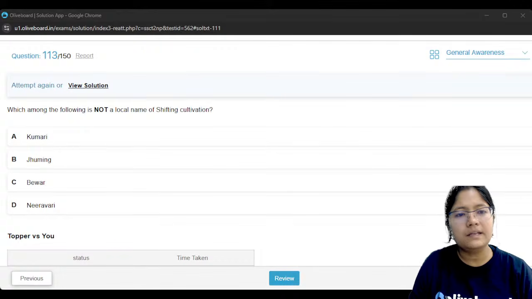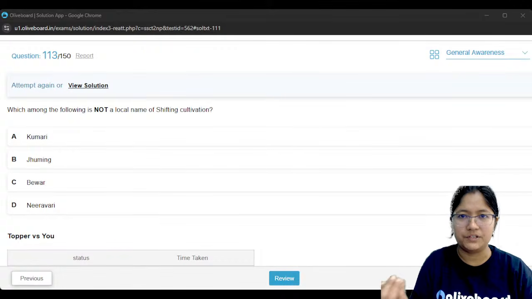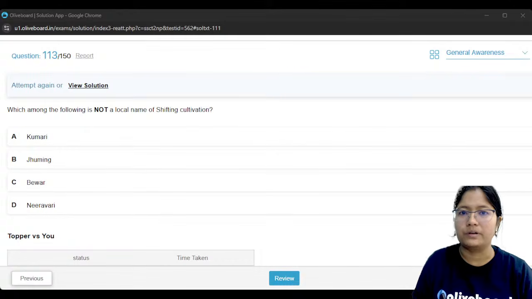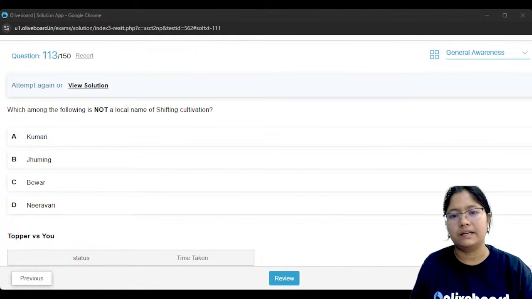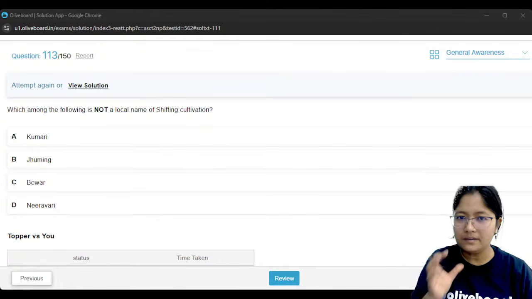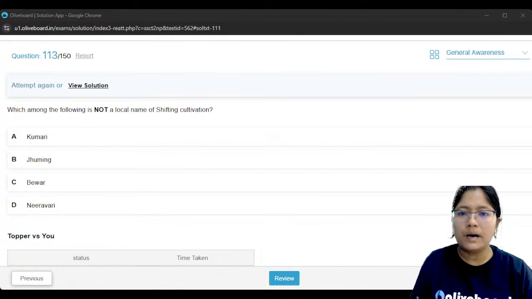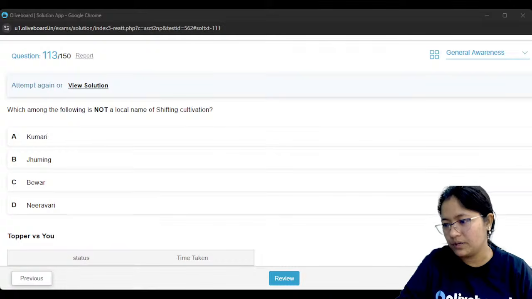See, Neer is not related to land shifting cultivation, right? Neer has to do something with water. So you can say, okay, this is not the local name of any kind of shifting cultivation. Then also you can give the correct answer. D is the correct answer. Yes or no? So that sense you can apply when you come to 50-50 in case of your actual examination, that you can do.